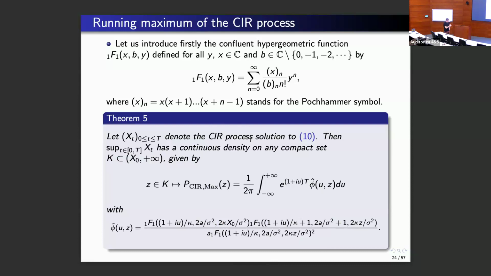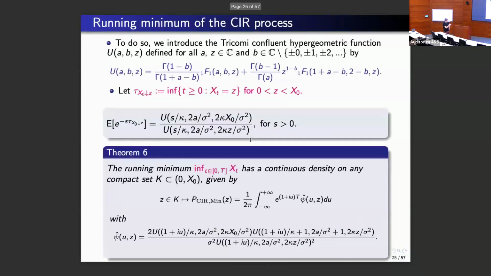And I will give you a few details on how this comes when I study the running minimum. Actually, there is a clear connection if you look at the stopping time, the first time, so you start from a point which is larger than the barrier Z, and you want to characterize the first time where you hit the barrier. So you start above and you want to check what.